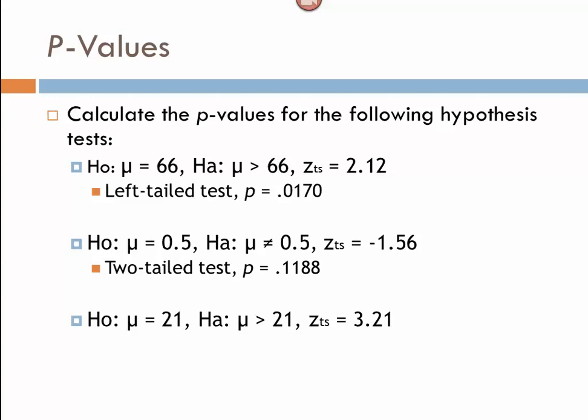What type of test and what is the p-value? In this case, this is a right-tailed test because we have a greater than symbol. Our test statistic value is 3.21, and the area to its right is 0.0007. So that means the p-value has a value of 7/100ths of a percent.